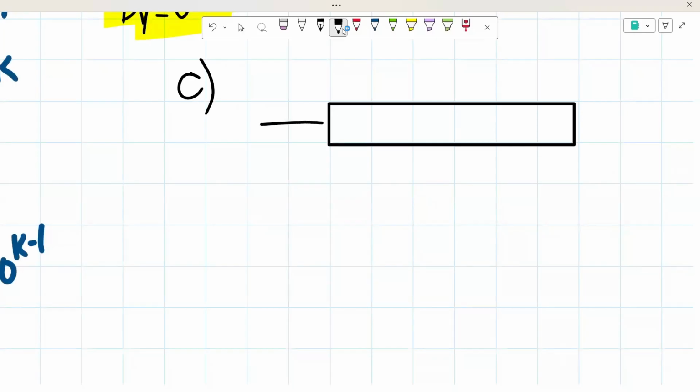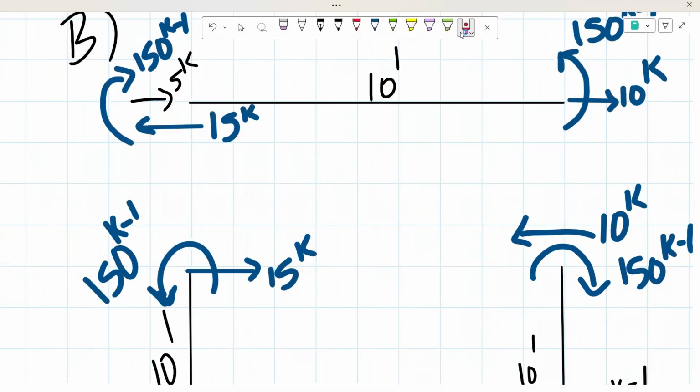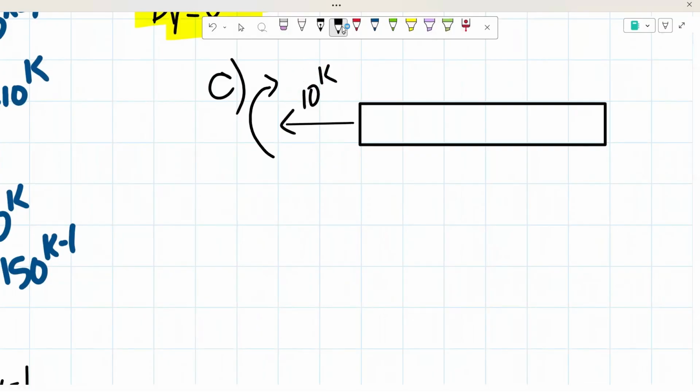So we knew that we had 10 kips going in this direction. Remember, because we have 15 kips going to the left and 5 kips going to the right, if we were to add those, we would just end up getting 10 kips going to the left. So that's where we got these 10 kips going to the left. We also had that 150 kip feet acting clockwise.